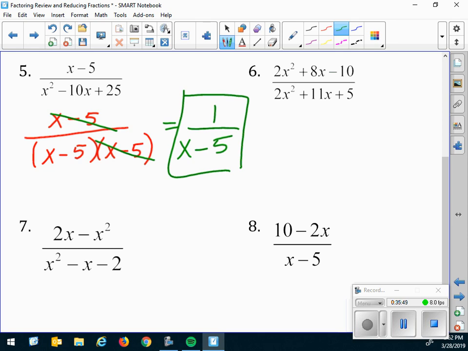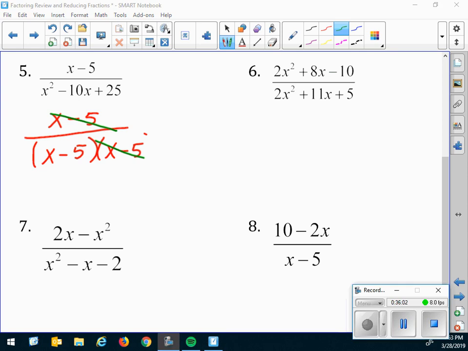Let's talk about number 6. I'm going to give you a couple minutes and let you work on factoring number 6. Are y'all factoring?